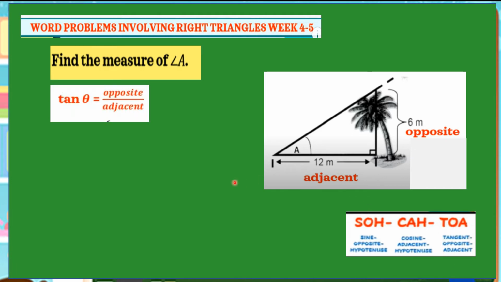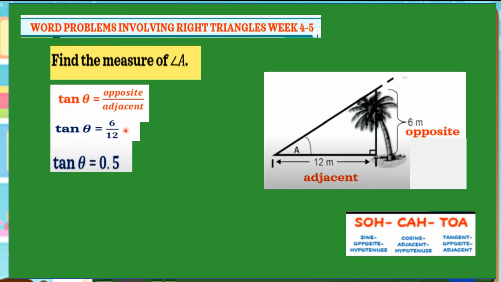So, we have tangent theta is equal to opposite side over adjacent side. Then tangent theta is equal to 6 over 12. So let us substitute. So magiging 6 yung opposite at magiging 12 yung adjacent side. Then solve for 6 over 12.